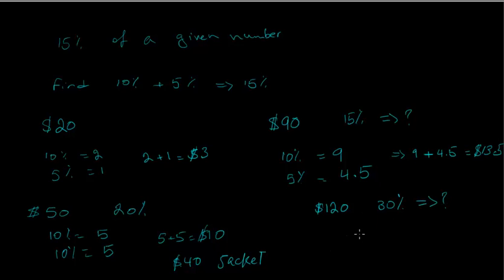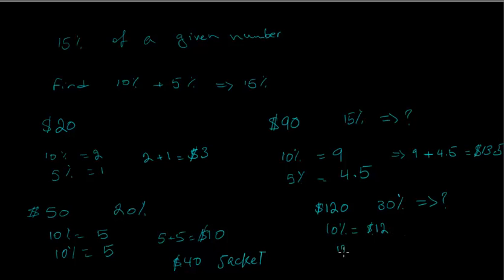So in order to find it, again we find 10% of the price, which is $120. 10% of 120 is $12, right?